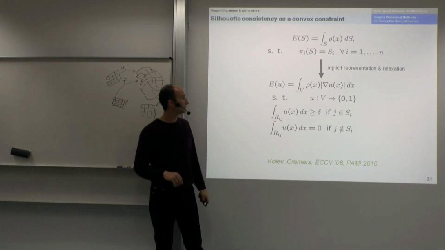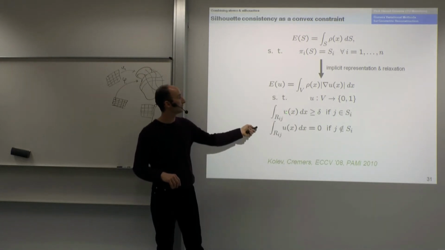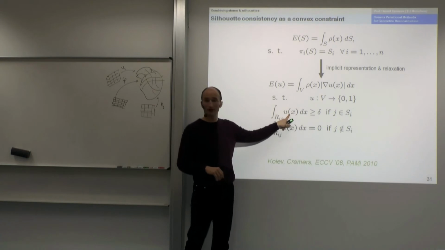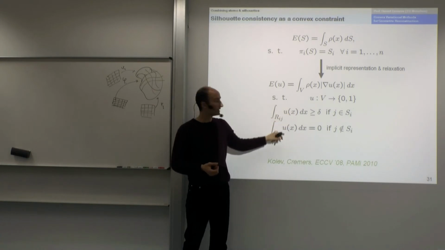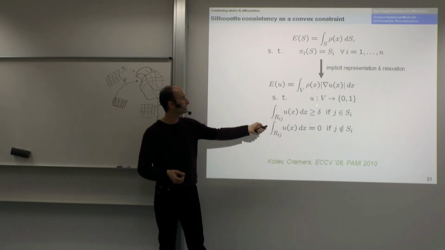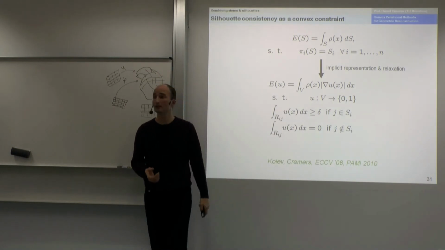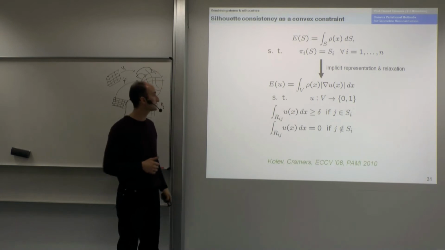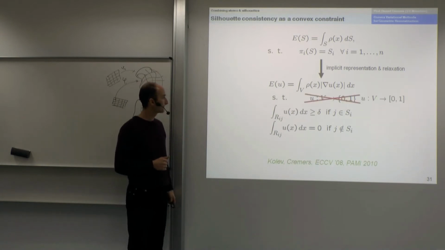And what's nice about these constraints is they are linear. This is a sum of u values, and the sum is linear as a function of u, and this is again a sum of u values. One is larger than something, the other one is 0. So it's actually two quite simple constraints.